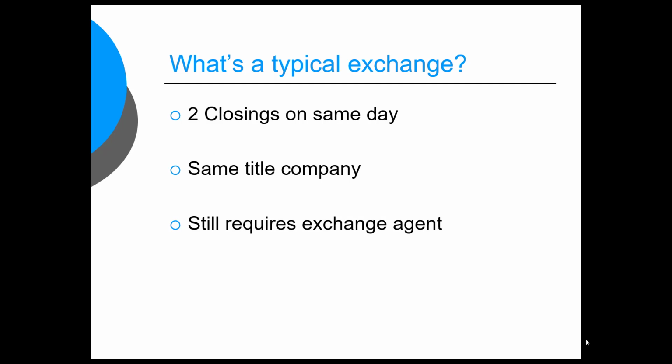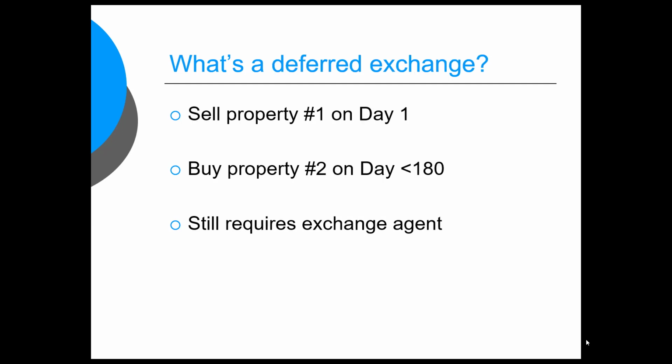You still need to have an exchange agent involved, but basically what you're going to do is sell the relinquished property and then turn around and use those proceeds to buy the replacement property. And again, that transaction can occur all on the same day, but you still need all the same paperwork to memorialize your transaction as if you were doing it on different days.